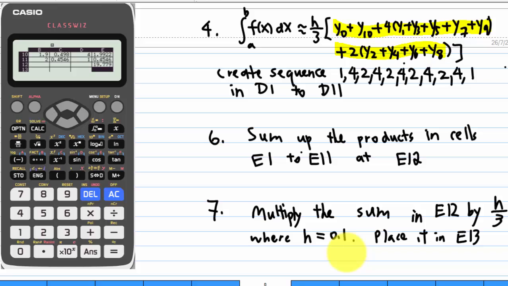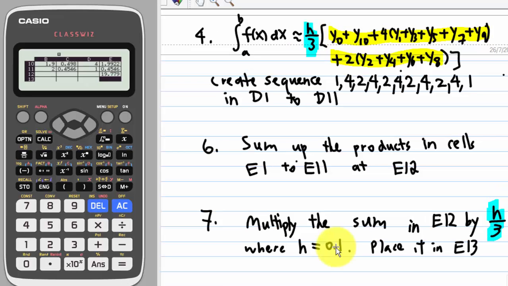Finally, multiply the sum in E12 by h over 3, where h is equal to 0.1, and place it in E13.